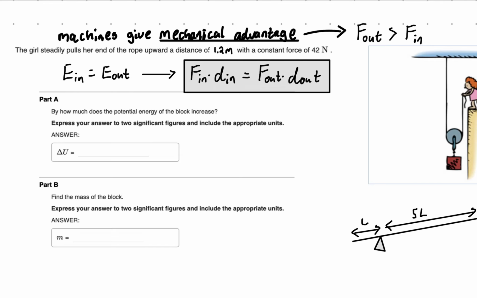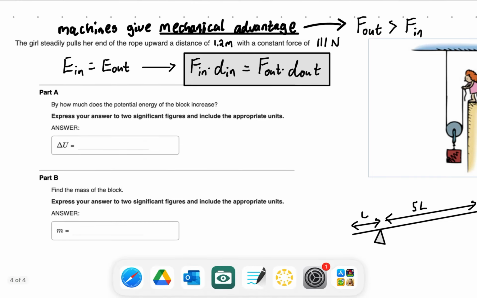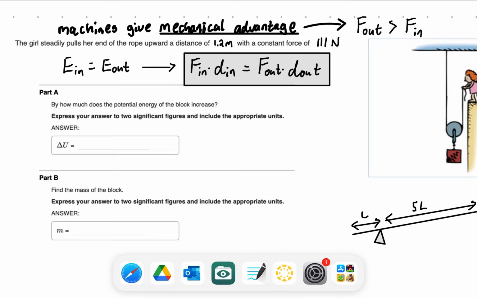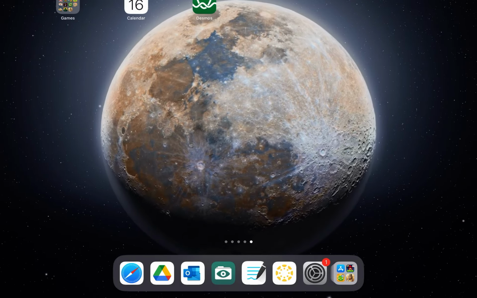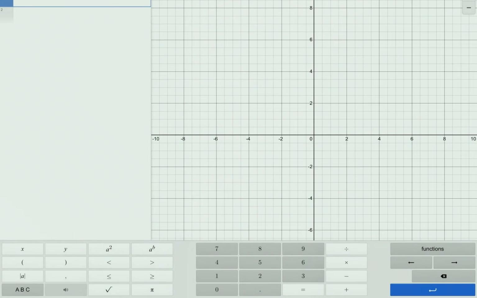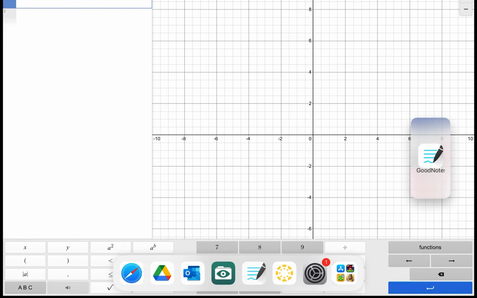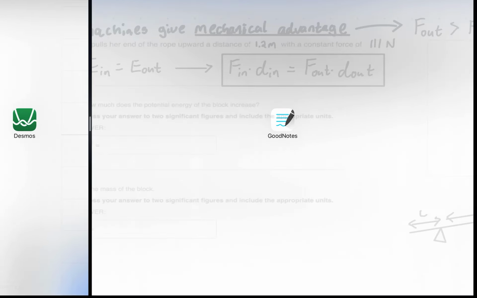And we're going to have her pull with a steady force of 111 newtons. Okay. And also I want to get my calculator open as well. All right. So let's go ahead and have Desmos open. And we'll readjust the screen there.